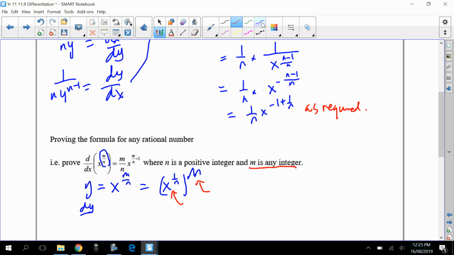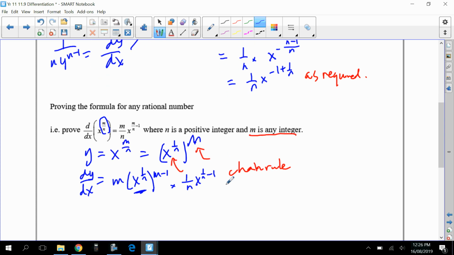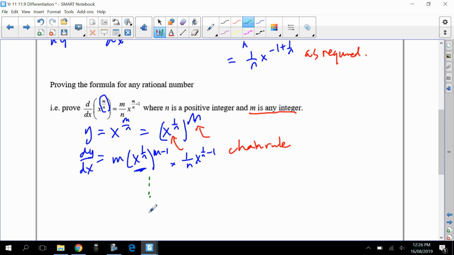We just have to use the chain rule. So use the chain rule to prove. Chain rule. And to use the chain rule, dy on dx, you get m x power 1 on n, to the m minus 1, times the derivative of that, which we just proved, 1 on n, x power 1 on n minus 1. And if you go through the index law, if you do the calculation, you should be able to get that.